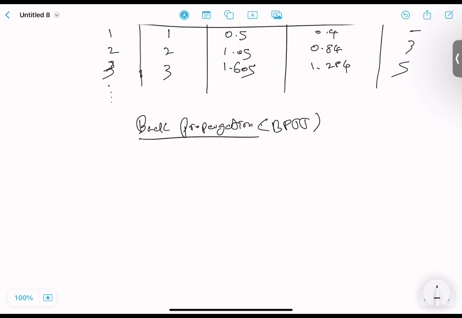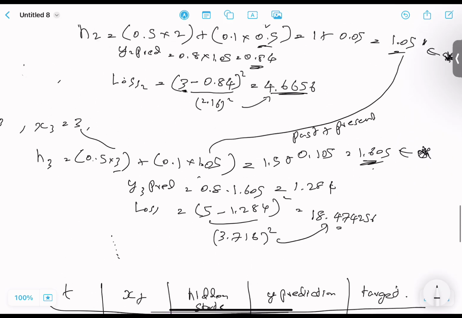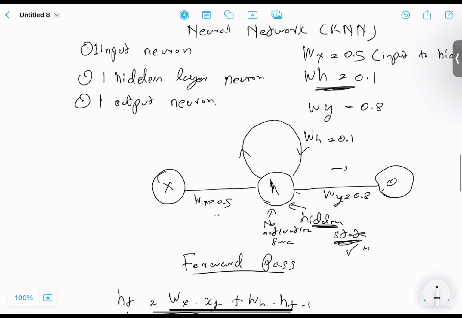So in backpropagation, what we do is adjust the weights based on the predicted value.